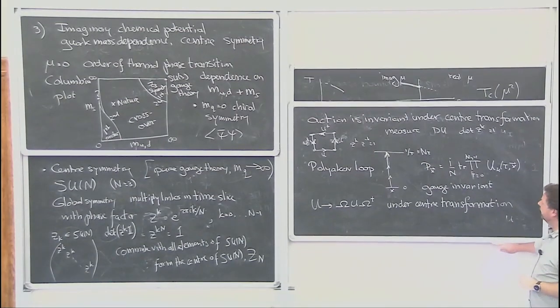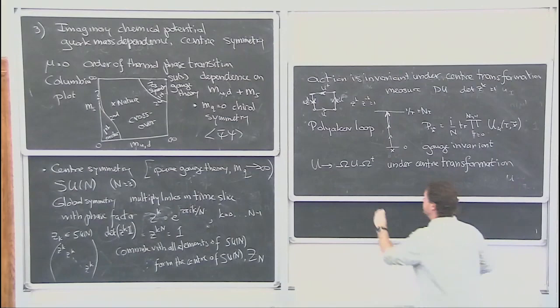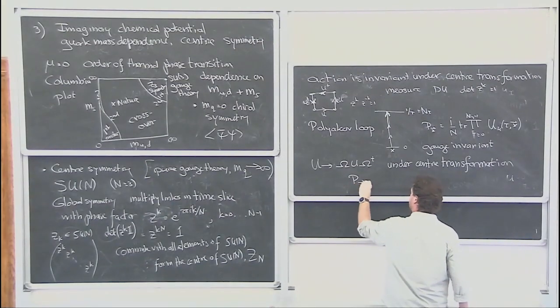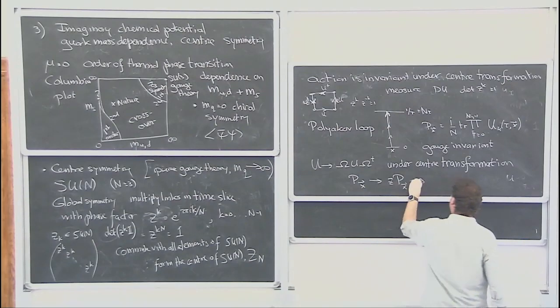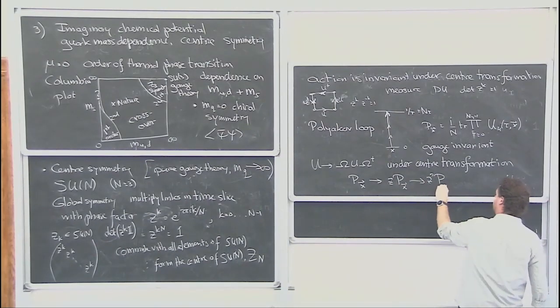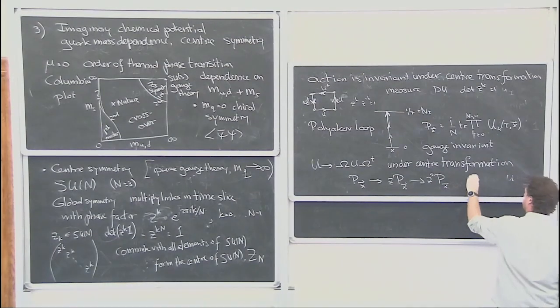And so the Polyakov loop will change. So P at some given space point will go to, say, Z times P, or Z squared times P, depending on how many phase factors I use. So it's not invariant.